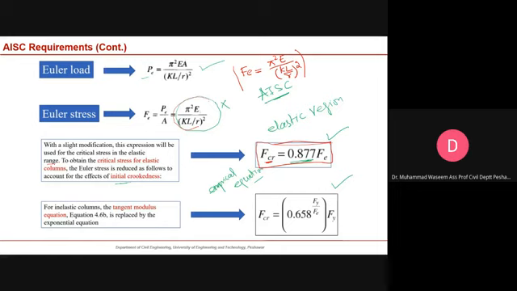To obtain the critical stress for elastic column, the Euler stress equation is reduced to account for effects of initial crookedness. अगर कोड की बात ना करें तो ये क्रिटिकल स्ट्रेस इक्वेशन यही है, लेकिन AISC कहते हैं कि आप इसको थोड़ा सा रिड्यूस कर लें। अभी समझ आई है? Yes, sir, I will use.